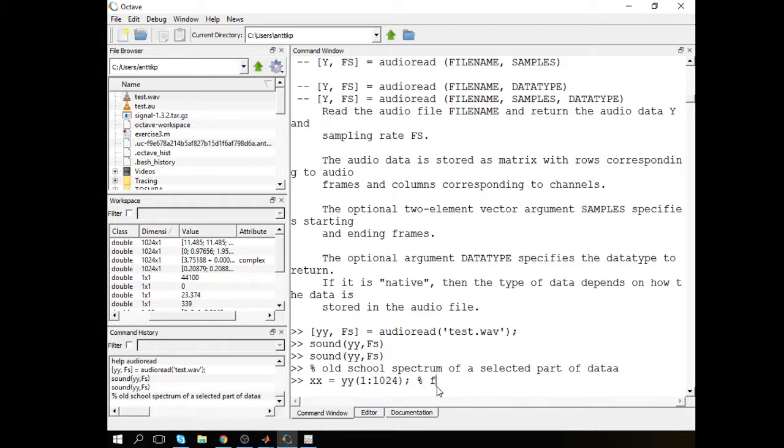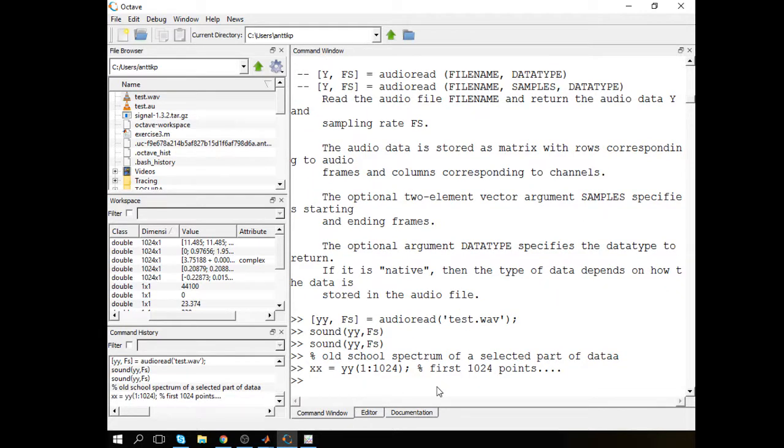Okay, first 1024 points. If you need the last points, you can get the value for the last point by asking the length of the data and then do some calculus.